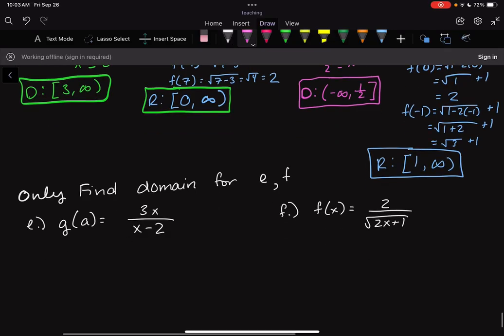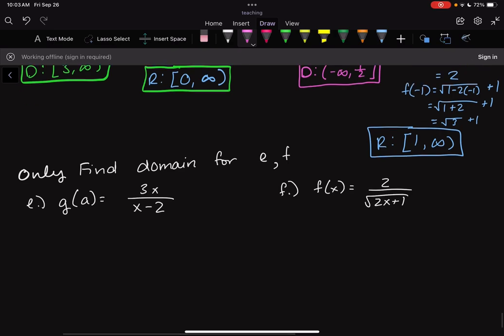All right, so again, you can pause and write it down and stuff, but I'm going to go ahead and get started. So with part E, when you're thinking domain, you want to think, are there any restrictions? Like, are there any problem areas with this function or relation, whatever we're dealing with? The issue with this is that denominators cannot equal 0. We never want a denominator to equal 0.